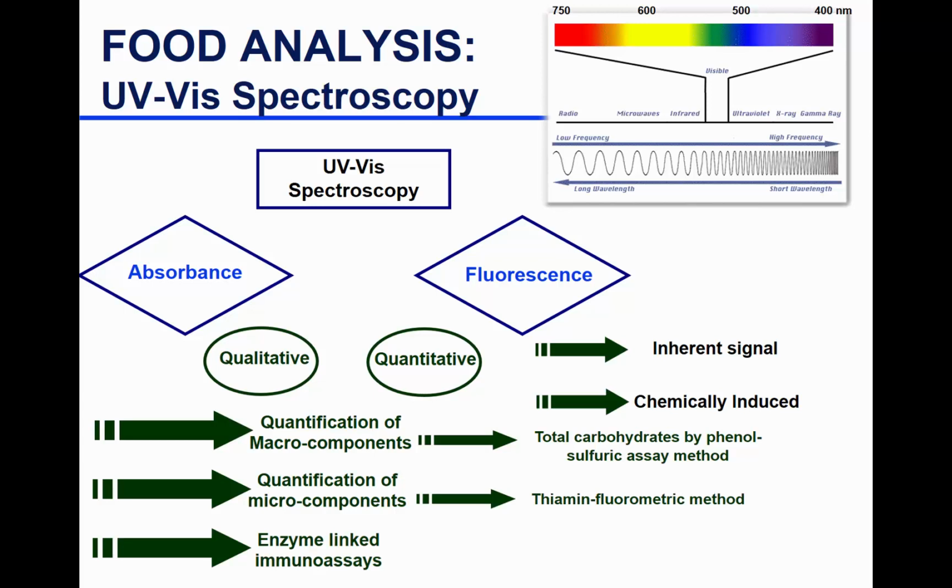We can use it in enzyme-linked immunoassays to determine allergens. So we have a lecture on enzyme-linked immunoassays. We're going to talk about how we link enzymes to antibodies. The antibodies interact with the allergen. Then we add a substrate, and the substrate is converted to a product by the enzyme, and the product absorbs light. And that is how we determine the presence of allergen.